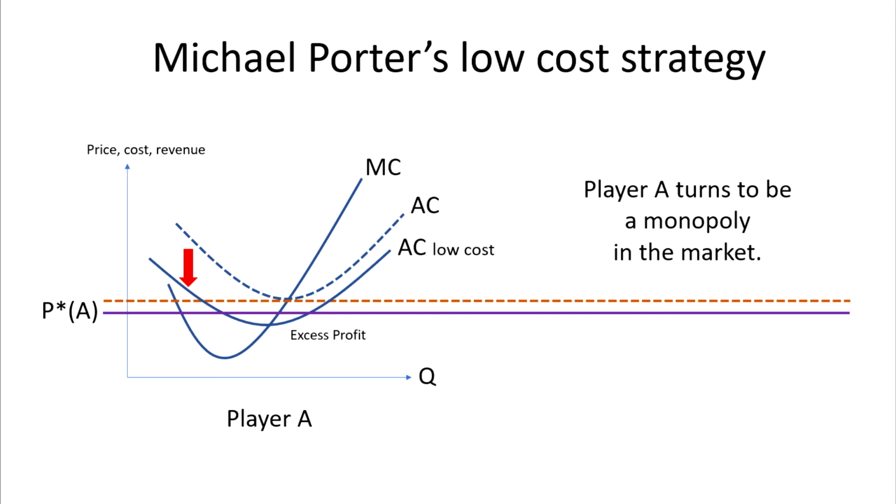A now is the monopoly of the market, and you can see that the monopoly always gets the excess profit. A can eliminate B out of the business by lowering the cost and reducing the price. A is the winner, B is the loser. So Michael Porter suggested that as long as you can lower your cost, you will have more opportunity to be the winner in the game.